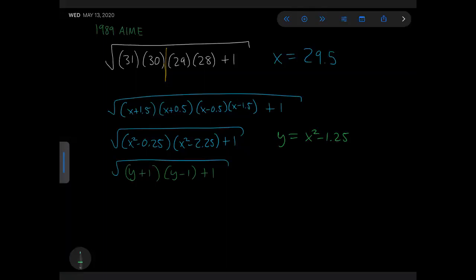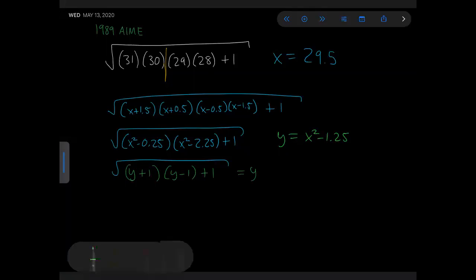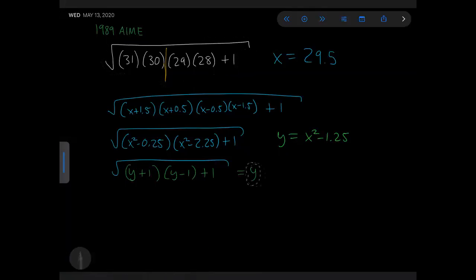Now if you expand the inside, you get y squared minus 1 plus 1, which is just y squared. We're square rooting y squared, so this just turns out to be y, because we know that we're looking for a positive answer. Whatever this mess is, it's going to simplify to y.